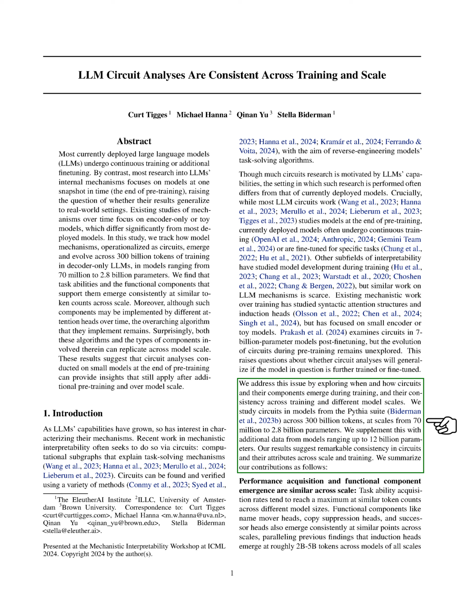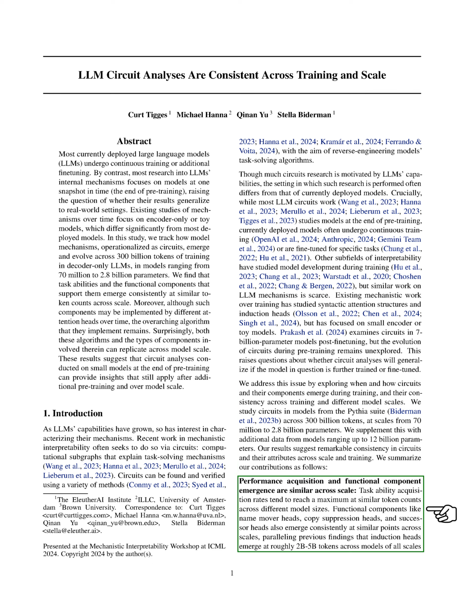We conducted our analysis on models from the Pythia suite, ranging from 70 million to 2.8 billion parameters, and supplemented our findings with data from models up to 12 billion parameters. Our results indicate a remarkable consistency in the emergence of circuits and their components across various model scales and training stages.